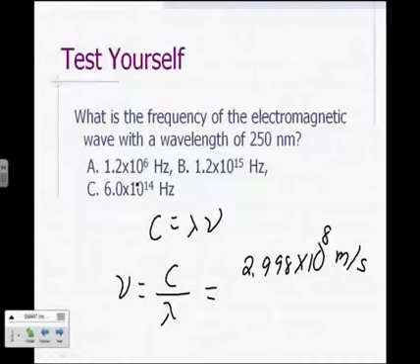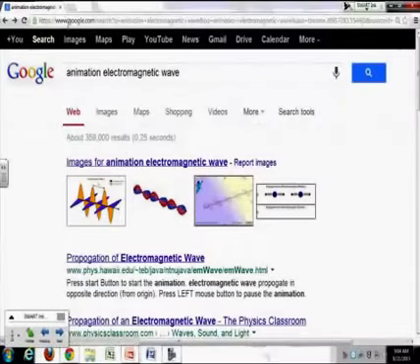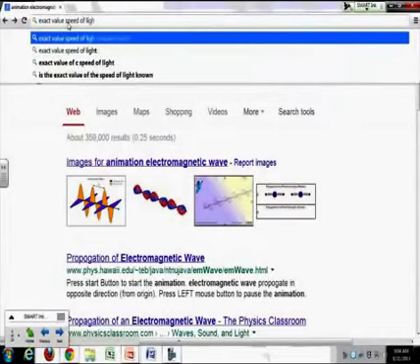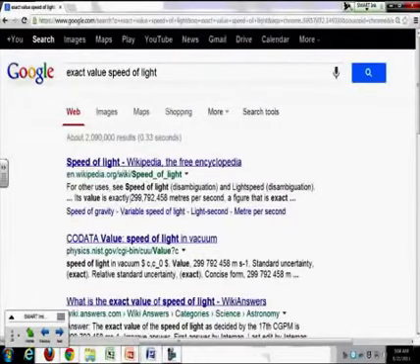Okay, and it's this definition of the speed of light and the definition of how long a second is that's used to define how long a meter is. In fact, what's the exact value of the speed of light? 2.9979248 times 10 to the 8 meters per second.